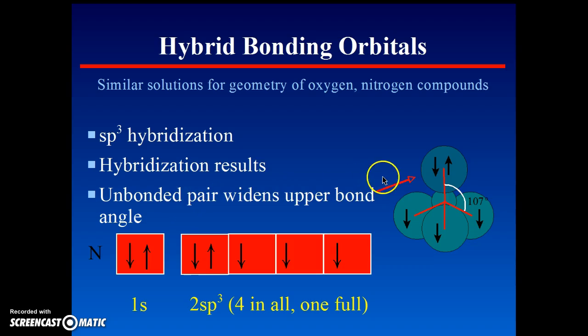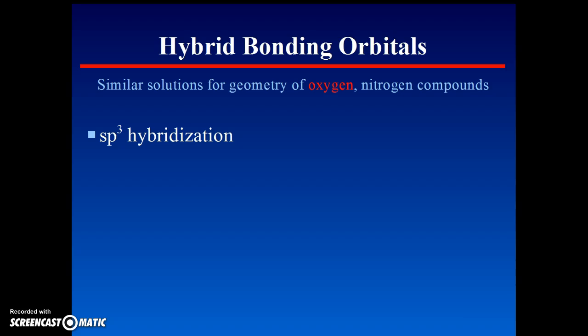This unbonded pair now constitutes an electron center with nothing attached to it, which means that it is free to push a little harder on the other orbitals, reducing these bond angles to 107 degrees.